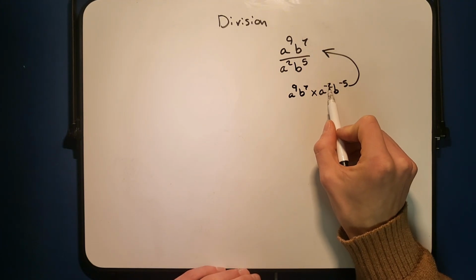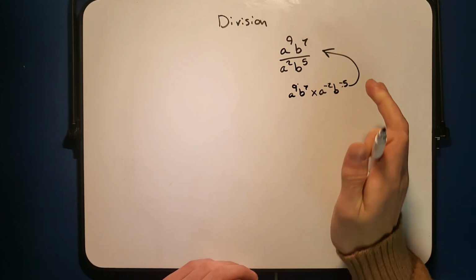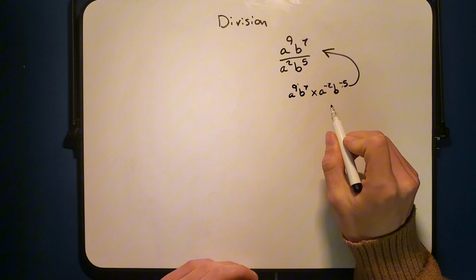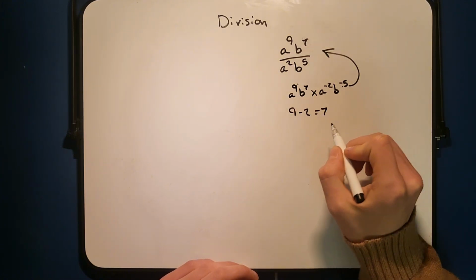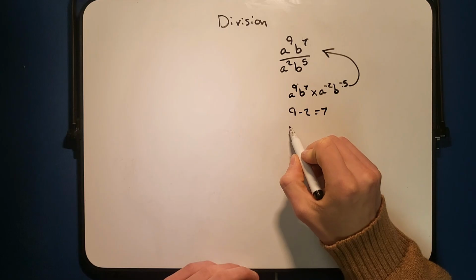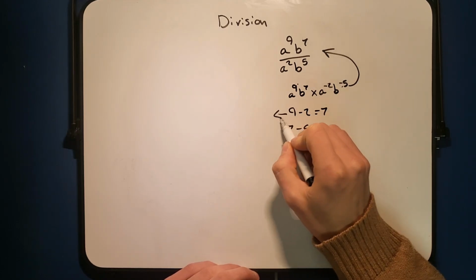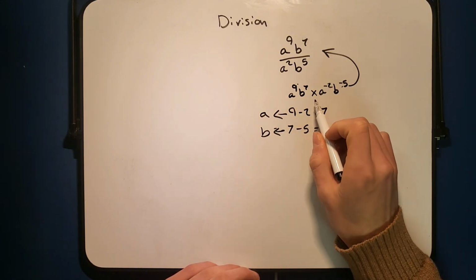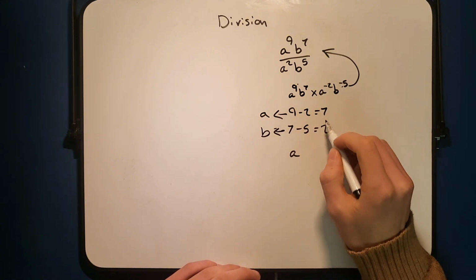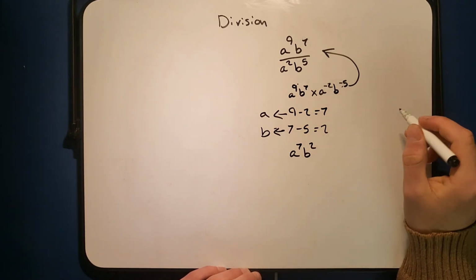So this a term will be added to this a term, and the b term will be added to the b term, because the a and the b variables have nothing to do with each other. So we're going to do 9 minus 2, which is 7, and we're going to do 7 minus 5, which is 2. So this is for your a terms, and this is for your b terms. Okay? And that will give us a to the 7 b squared.